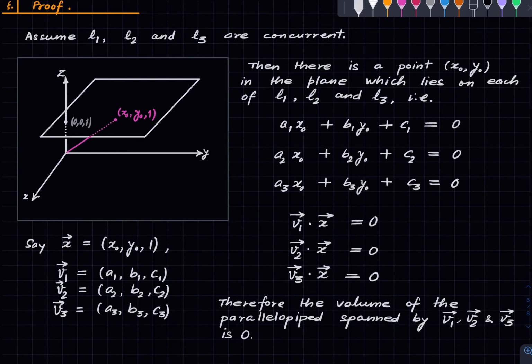The box product precisely measures the volume of the parallelepiped, and therefore this thing is 0. I don't remember the notation of the box product, but I think it is this.